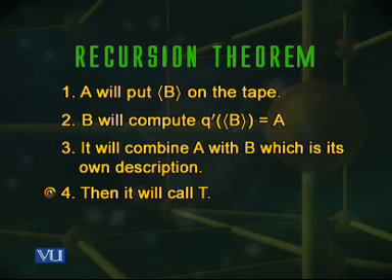And now it calls T. So we call this Turing machine R. And now it's clear that if we run this Turing machine R on some input W, that would be as if we were running T on the description of R followed by W. So R is the Turing machine that does the self-analysis. So this is a formal proof of the recursion theorem.